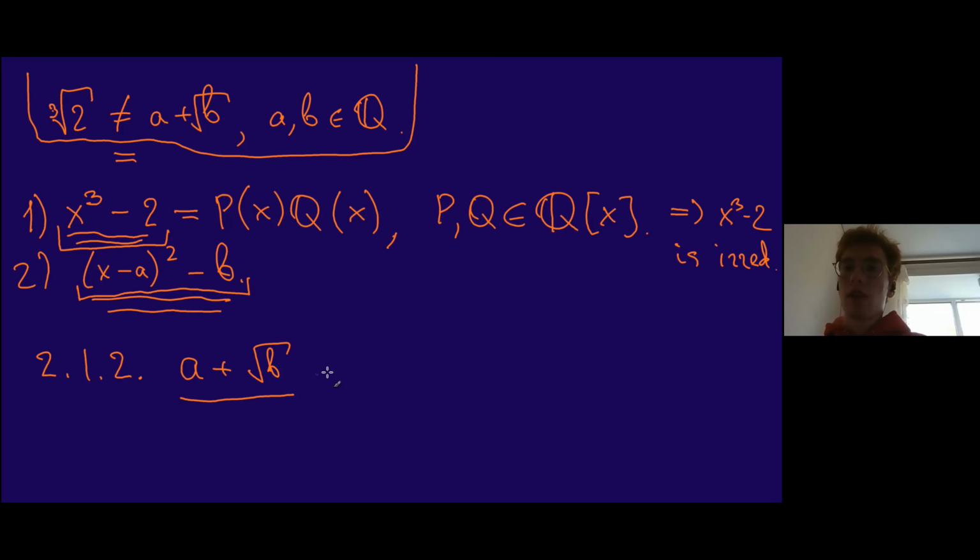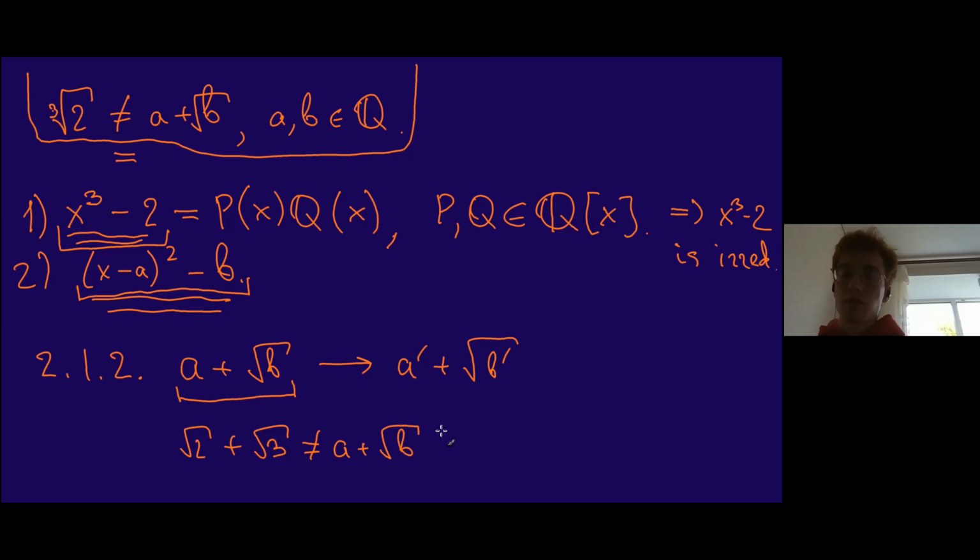We can try to prove that if we have only numbers of this form, then we can only obtain the numbers of this form again. However, this is false, because if we take square root of 2 and add it to the square root of 3, this number cannot be expressed as a plus square root of b. So we need a different approach.